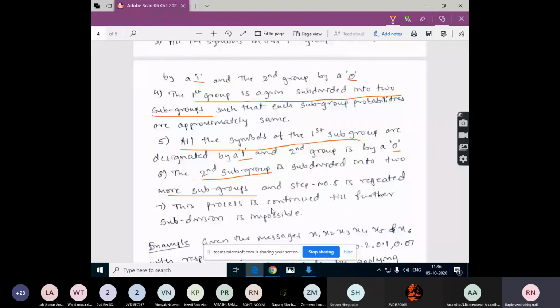This process is continued until no further subdivision is possible, that is, until we are left with only one probability in each group. Until that point, we continue dividing and naming the symbols.